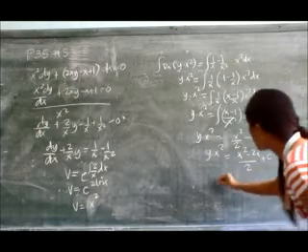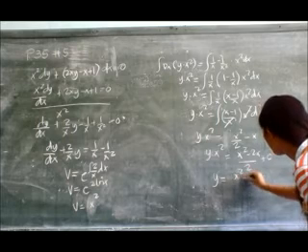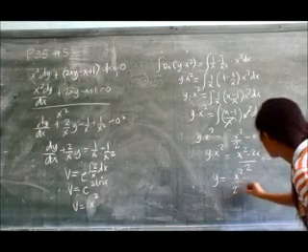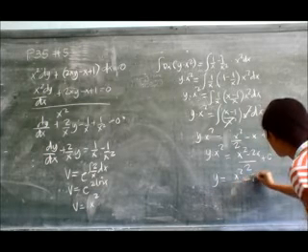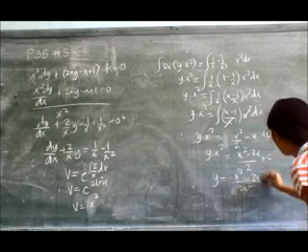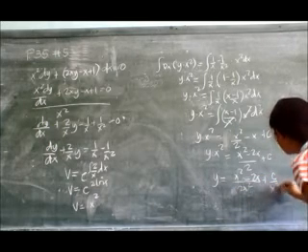So we got y equals x squared minus 2x over 2x squared plus c over x squared.